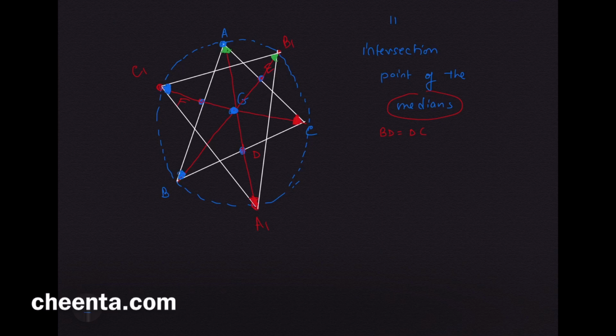So that's the information that is given to us. And what do we need to prove? Our goal is to show that the triangle ABC and the triangle A1B1C1 are both equilateral.